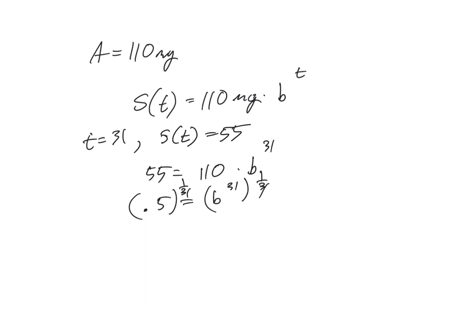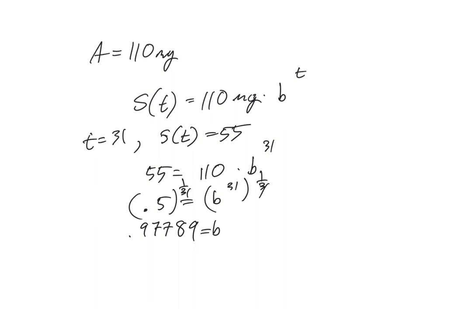If I take the 31st root of 0.5, raised to the parenthesis 1 divided by 31, B equals, hold on, 0.97789.